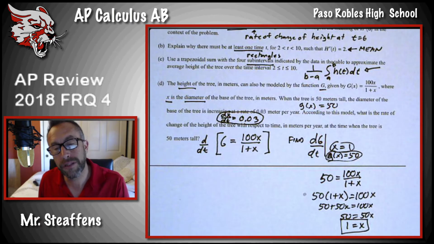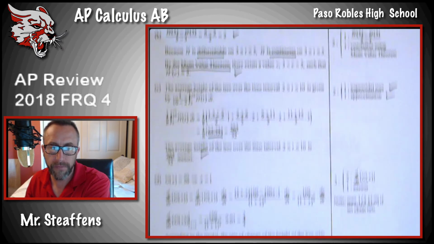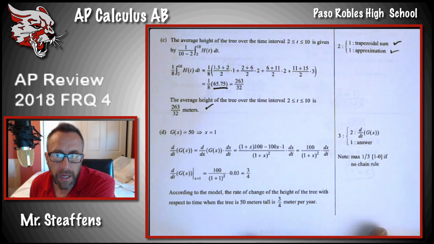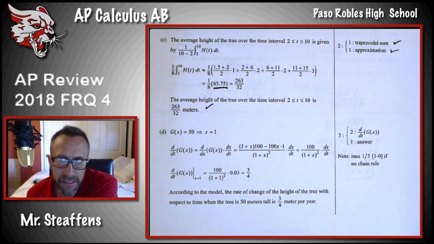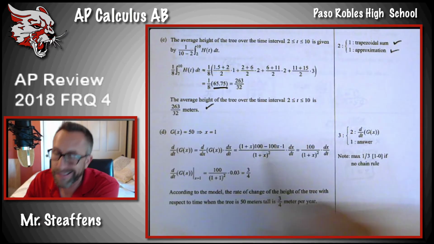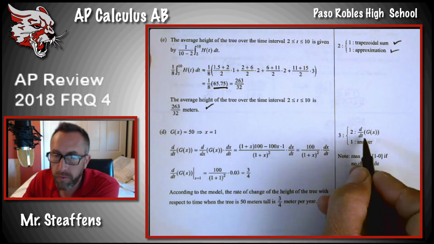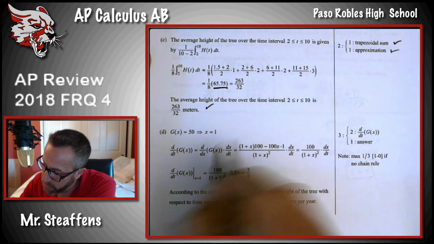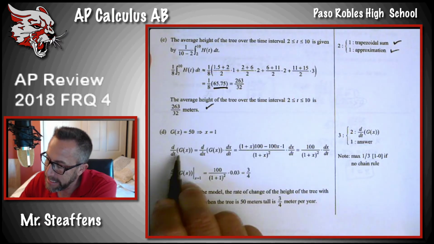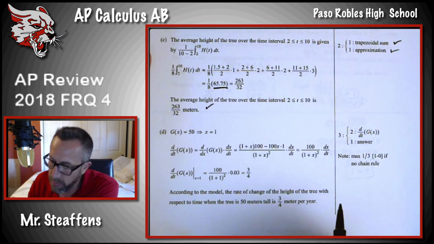So let's take a look at what their work looked like and make sure we format it pretty well. They said if g of x is 50, then x equals 1. That was the work we just did. That's not worth anything. However, 2 points if you correctly realized I have to find d/dt of this equation, right? So remember, you had g of x. If you're trying to find the rate, you have to find d/dt of that.